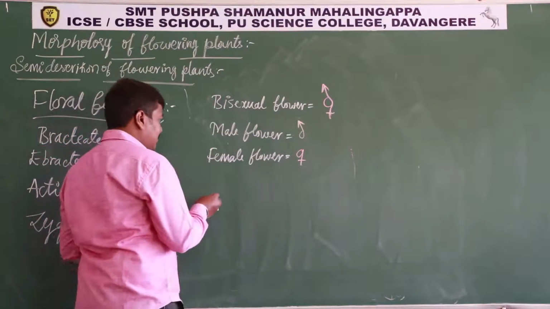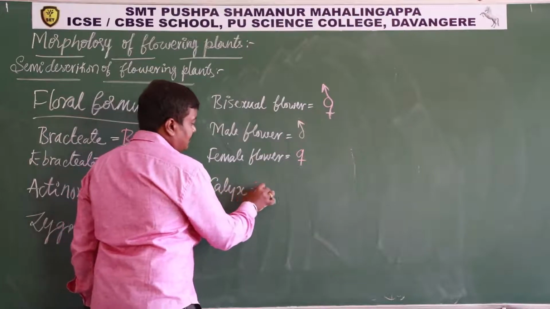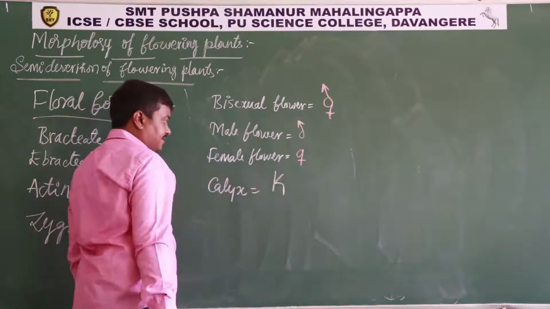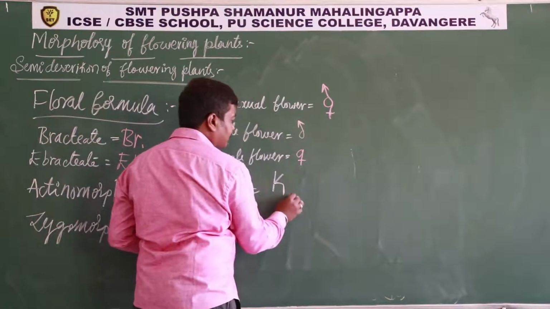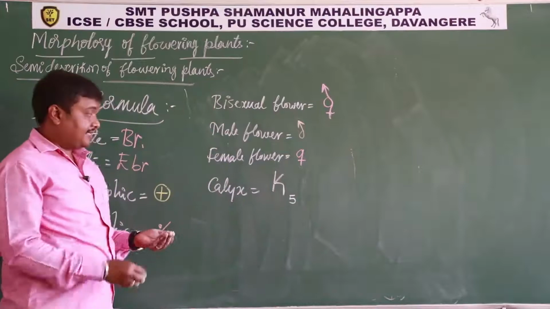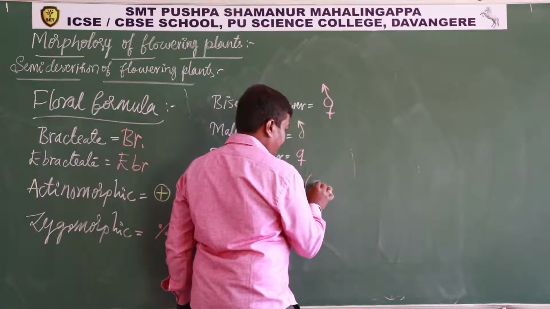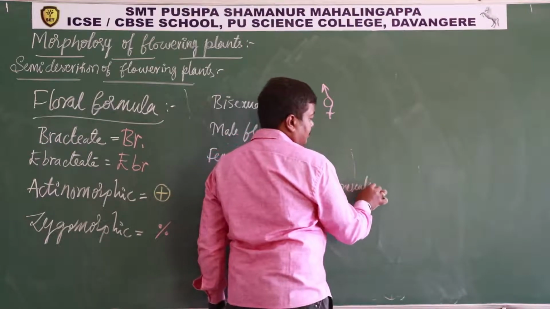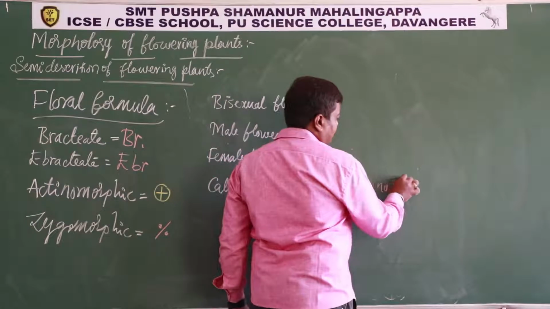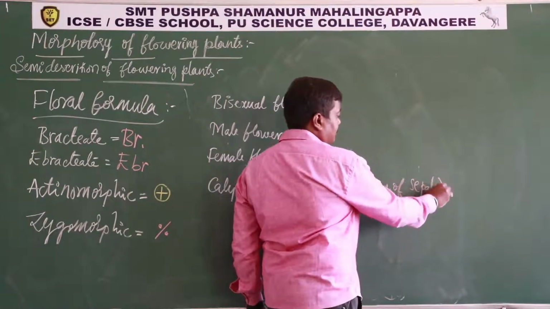Okay, then come to the calyx. Calyx should be written as K, then the number. Here 5 represents the number of sepals.